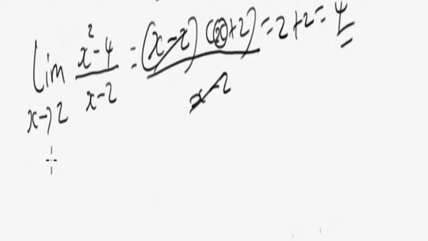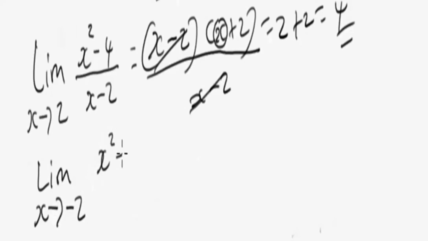Let's see one more example under the factorization method. Let's say you are given limit x tending to negative 2 of (x squared minus 4) all over (x squared minus x minus 6).